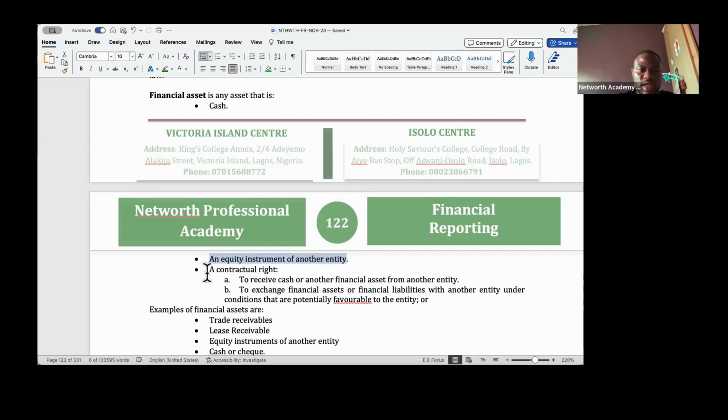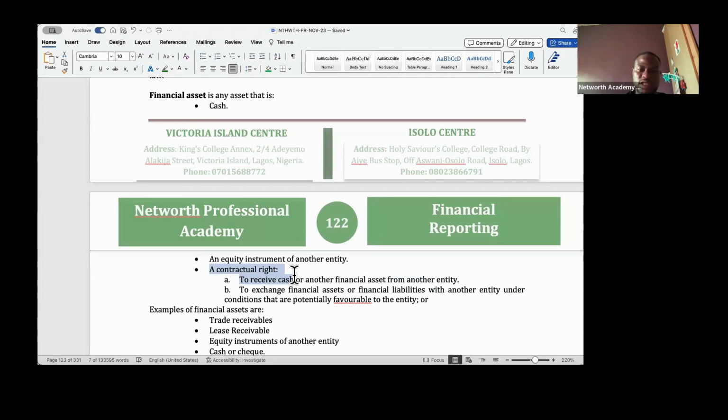Then the third one is that financial asset is also a contractual right to receive cash. This other one, I'm not going to talk about it because it's beyond our scope here. So the focus is just going to be contractual right to receive cash. When you have a contractual right to receive cash, it means that you don't have to do anything. They have to pay you cash.